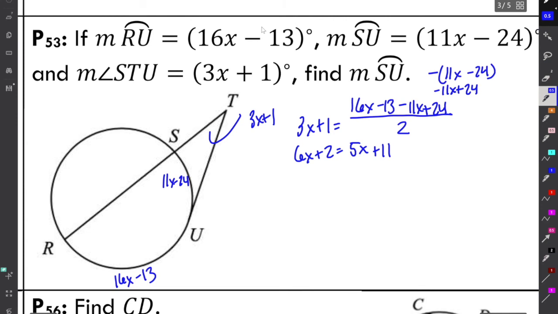So subtract 5x, you get just x on the left. Subtract 2, you get x equal to 9. We're trying to find SU, however, so the measure of SU, just plug in. It's 11 times 9 minus 24. So 99 minus 24 gives us a total of 75 degrees.